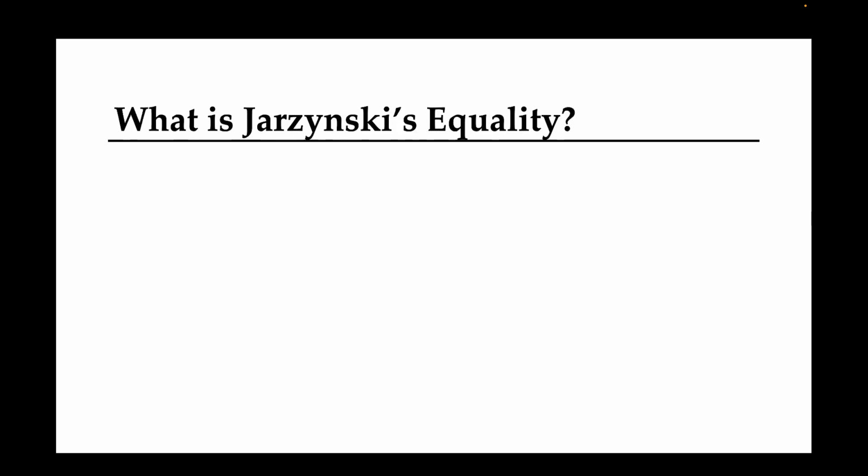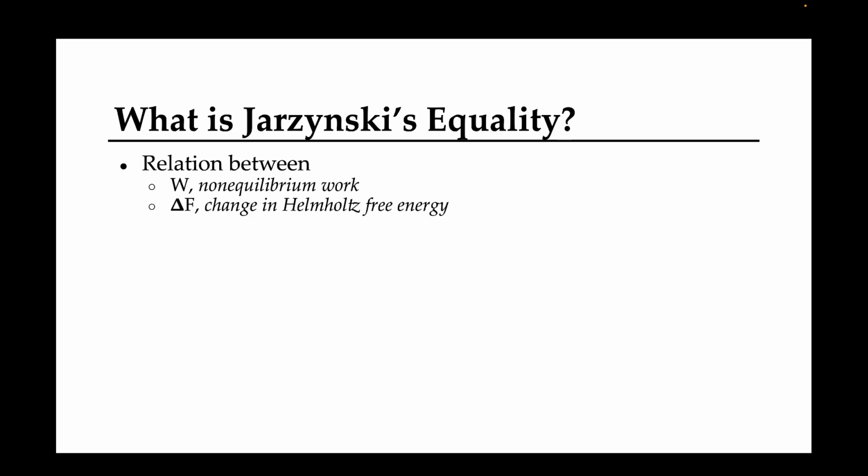So, what is Jarzynski's equality? Essentially, it's a relationship between the work of a non-equilibrium process and the change in the equilibrium Helmholtz free energy of a system. And that's a little confusing. So here's a diagram.